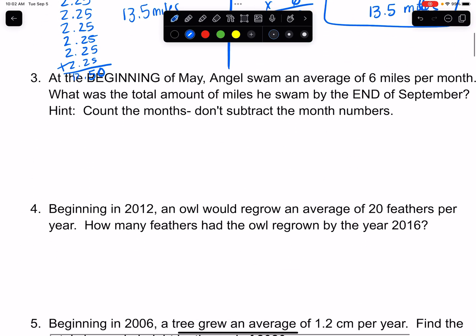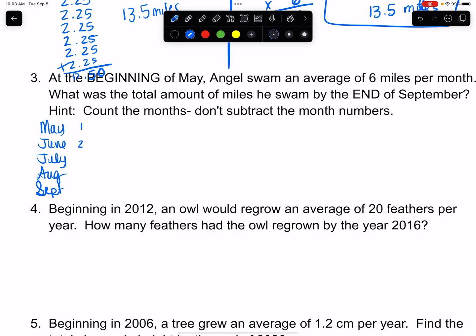At the beginning of May, Angel swam an average of 6 miles per month. What was the total amount of miles he swam by the end of September? So that means I need to count May, June, July, August, and since it's the end of September, I have to include all of September and all of May because it was beginning of May.